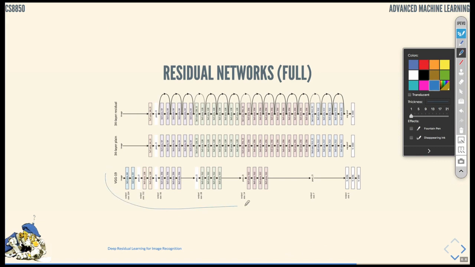This is the VGG network, similar to AlexNet that we covered in the history of deep learning. It has a few convolutional layers, precisely 16 convolutional layers, and a feed-forward network on top.